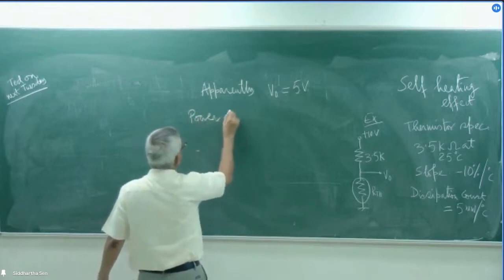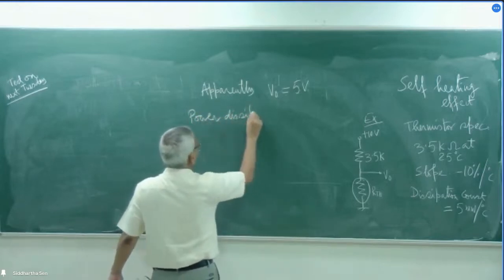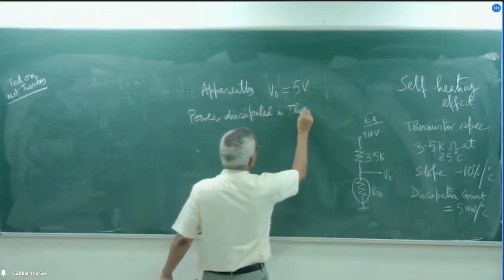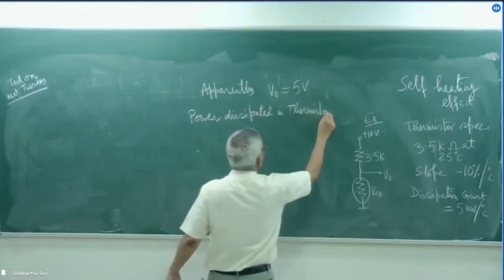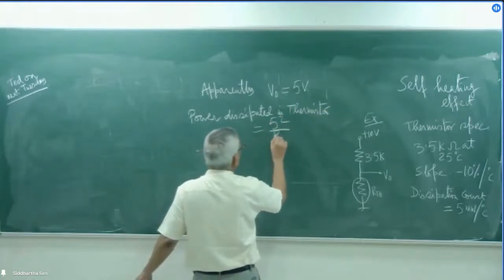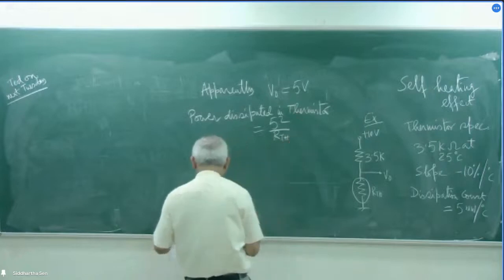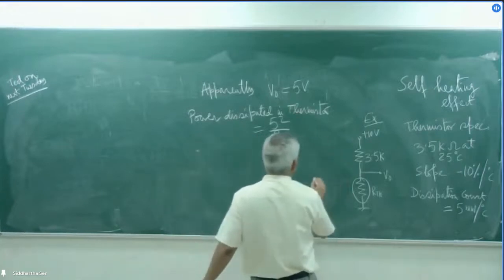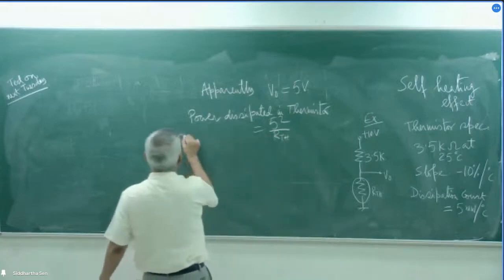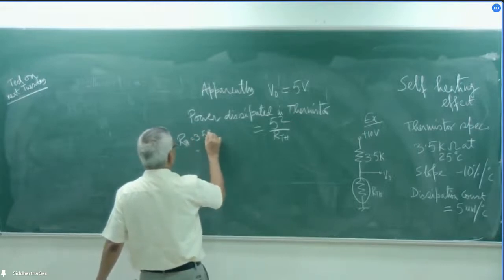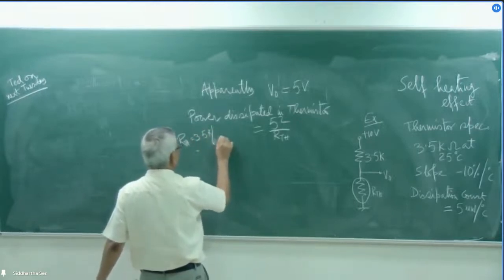in the thermistor is equal to 5 squared divided by RTH. So this RTH is equal to 3.5 K at 25 degrees Celsius.